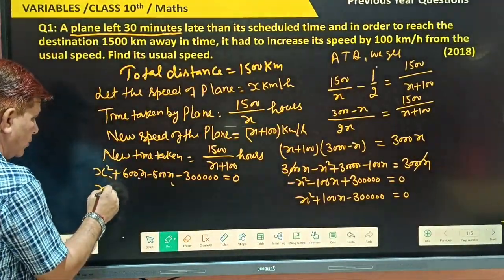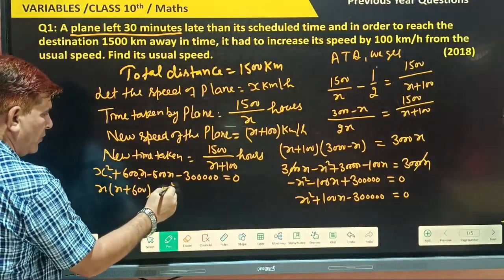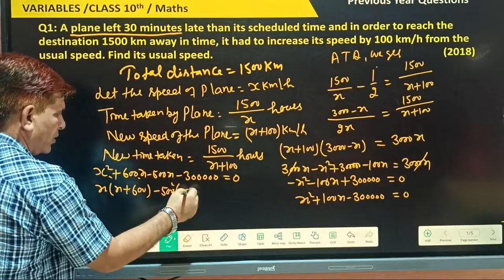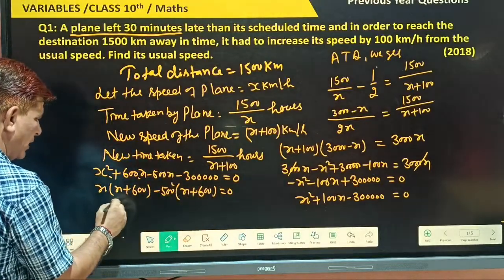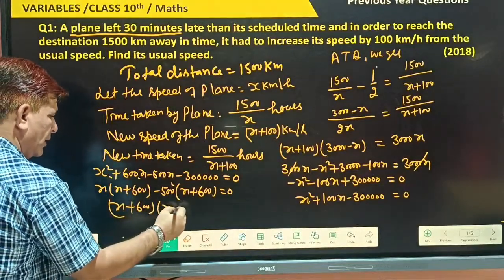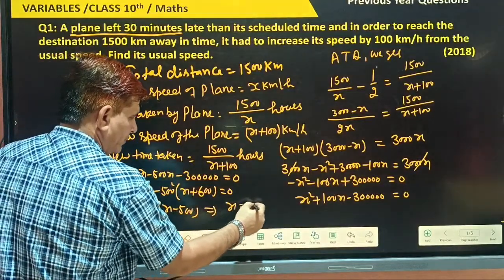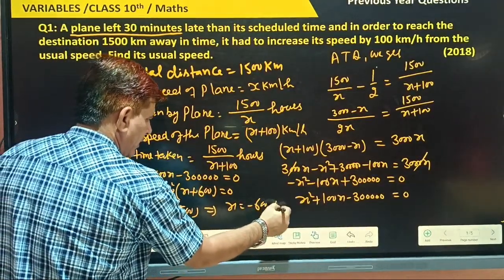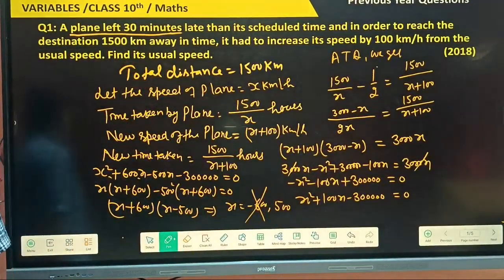Which is common? X is common. X into x plus 600 minus 500 into x plus 600 is equal to 0. So we can write x plus 600 and x minus 500. If we find out the value of x, it is minus 600 and 500. But speed is never negative.